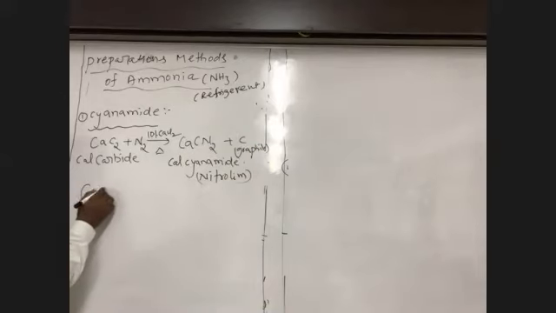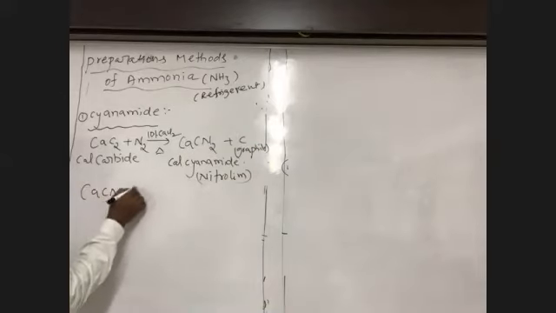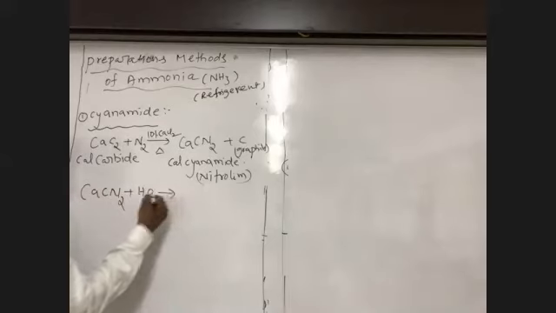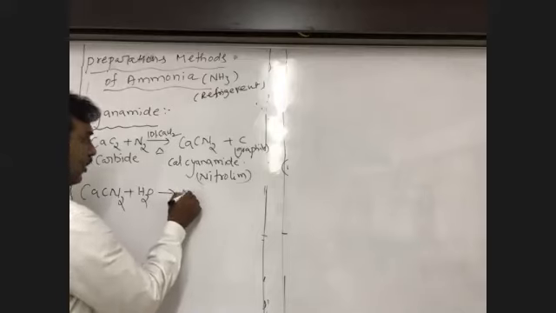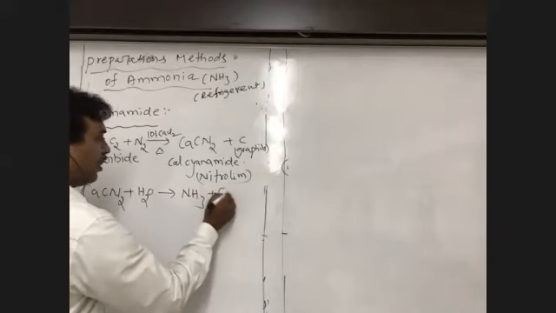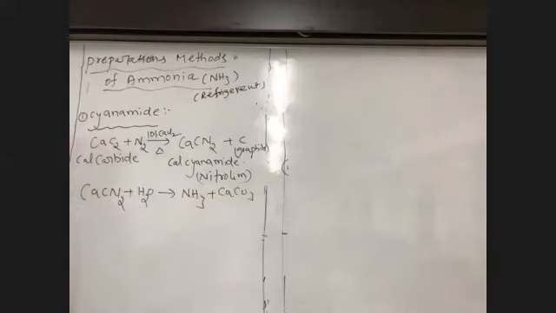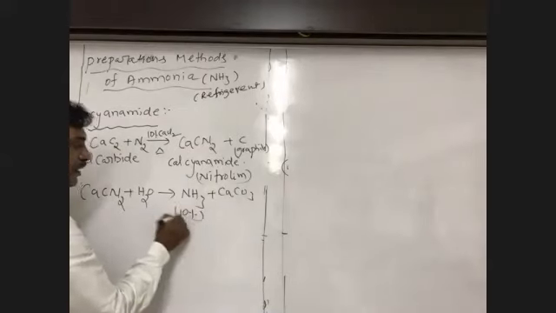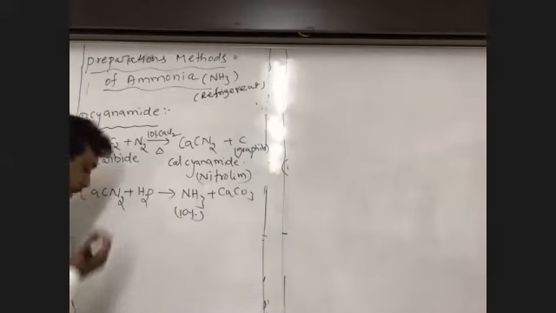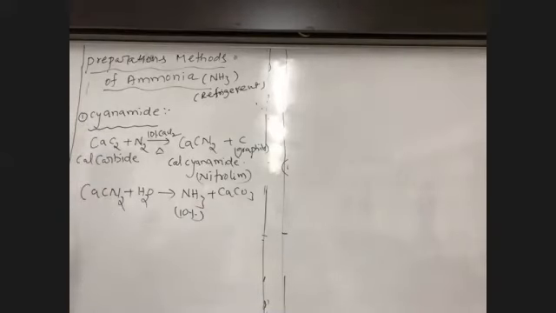Now, calcium cyanamide on further hydrolysis forms ammonia and CaCO3. In this process, only 10% of ammonia is obtained, and the remaining quantity contains water.